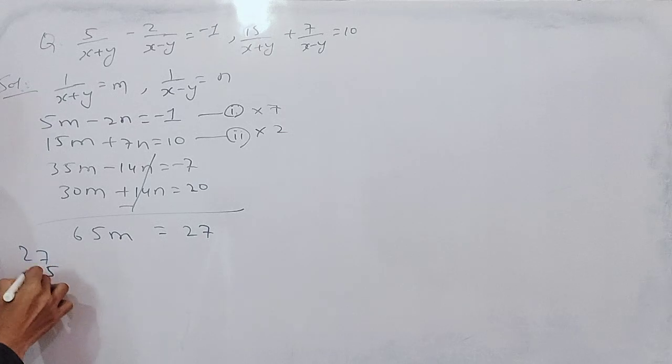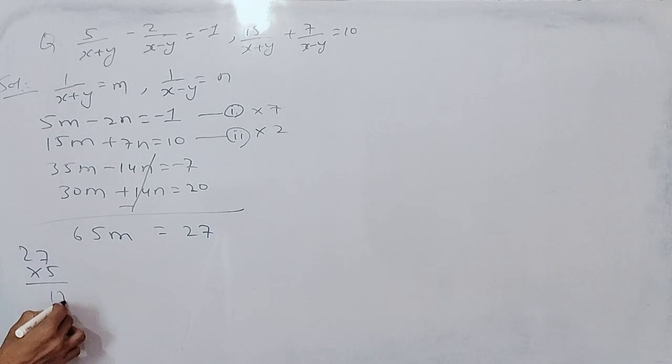So 27, 5. No. 35 sir. So here 5 and 2. So here 5. So 6. I think here should be what?